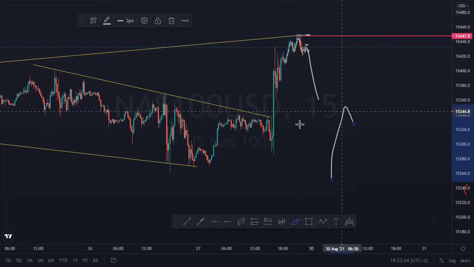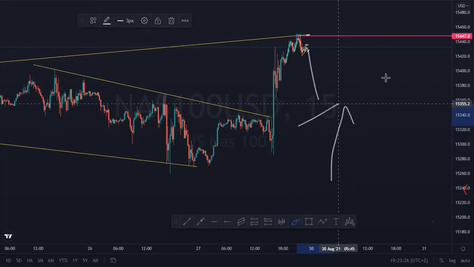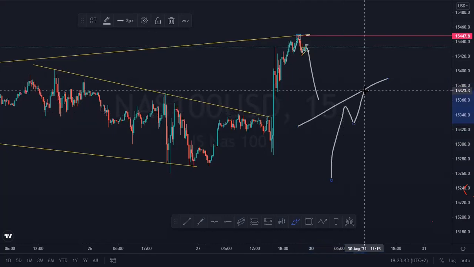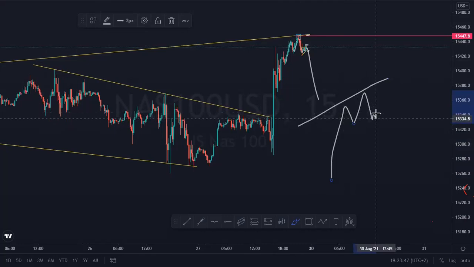Let's say the line was just here. It came here and pushed up, came here, down, and pushed up again, and it's creating a correction. It's giving you an entry here.